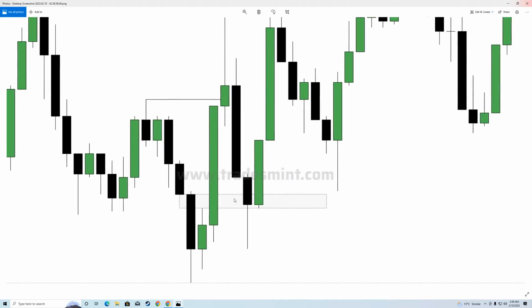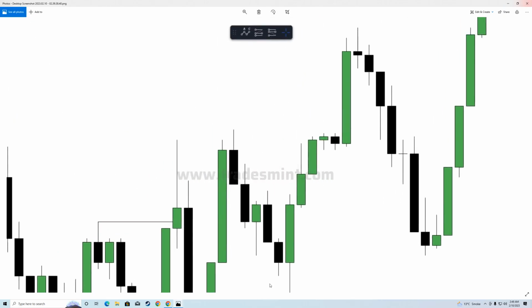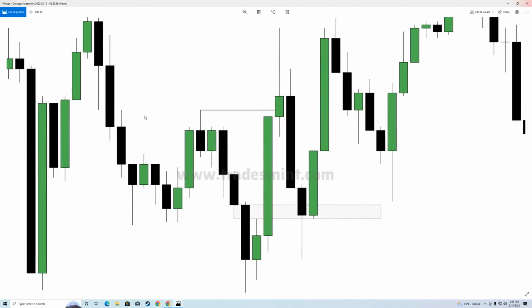So essentially what is happening here is that the old fair value gap, instead of acting as a resistance level, when it is broken, it is now reacting as a support level, the old fair value gap. And also if there is new fair value gap that is overlapping with the old fair value gap, then that level becomes BPR. And trust me, that move is going to be big if your whole model was perfect.